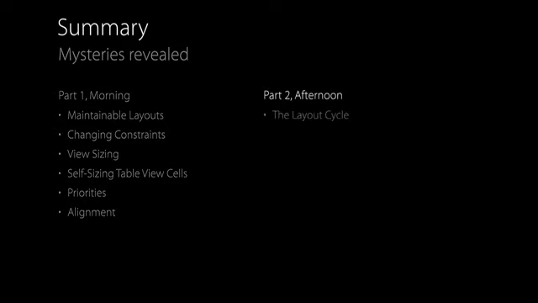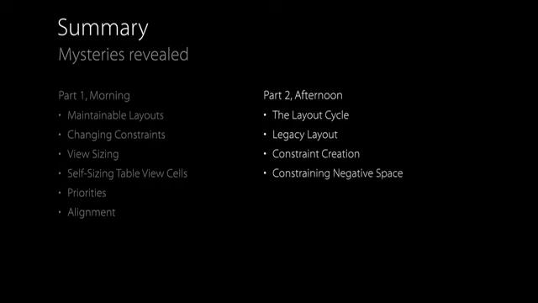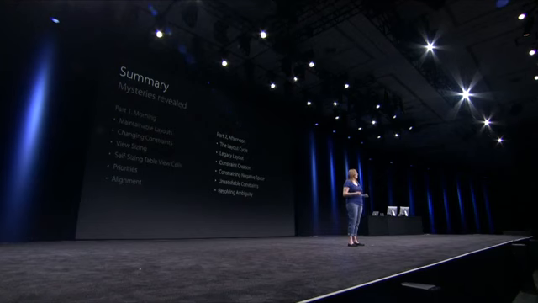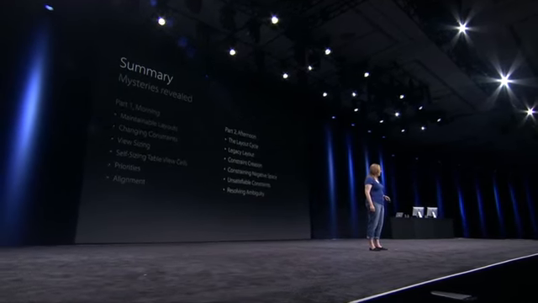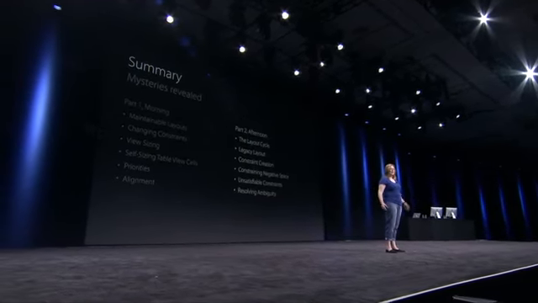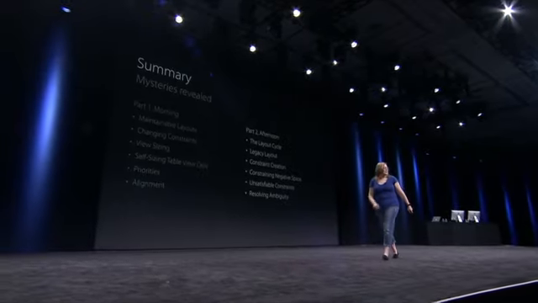And then just now, we talked about the layout cycle in depth, interacting with legacy layout, creating constraints with layout anchors rather than the old methods, and constraining negative space with layout guides. And we just now talked about unsatisfiable constraints and resolving ambiguity, which are two problems that people tend to run into regularly when they're using auto layout. So those are all of our mysteries. I hope we laid them all out for you pretty well here.